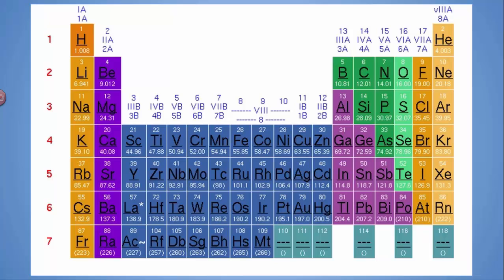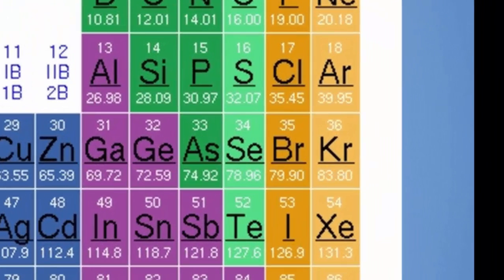So looking at the periodic table, we can figure out how many electrons an atom will gain or lose to be like its nearest noble gas. So we can look at the periodic table, pick any main group element. Let's take selenium, for example, number 34. Well, selenium has 34 electrons when it's neutral.